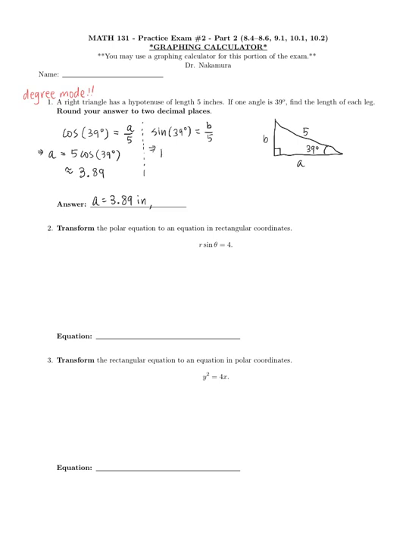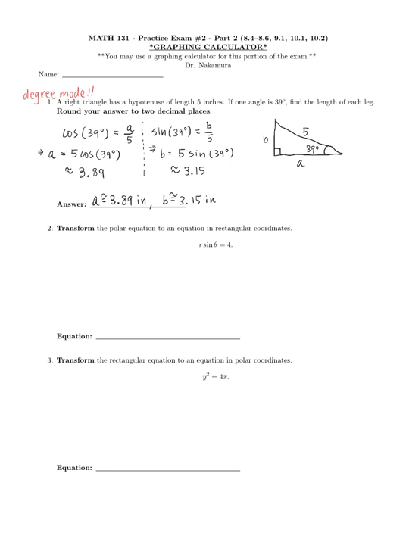So that implies that B is 5 times sine of 39 degrees. Punch that in the calculator, round to 2 decimal places, and you should get 3.15. So I'm just going to write B approximately equaling 3.15 inches. So that was number 1.